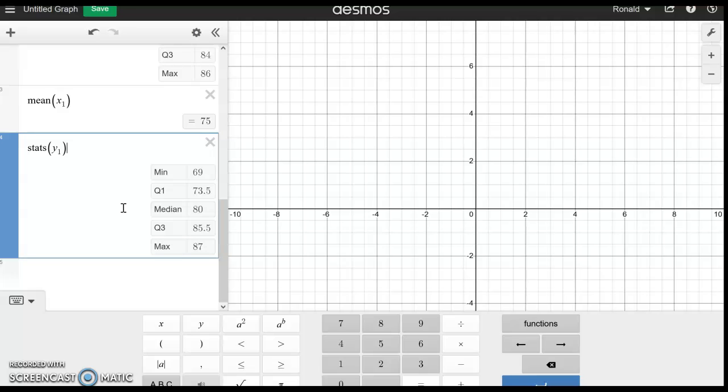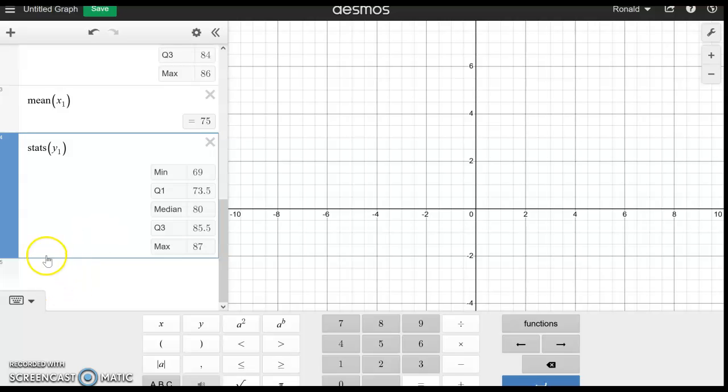The Q1 or the median lower is 73.5. The median is 80, which is the Q2. Q3 is the median upper, which is 85.5. And then the maximum is 87.